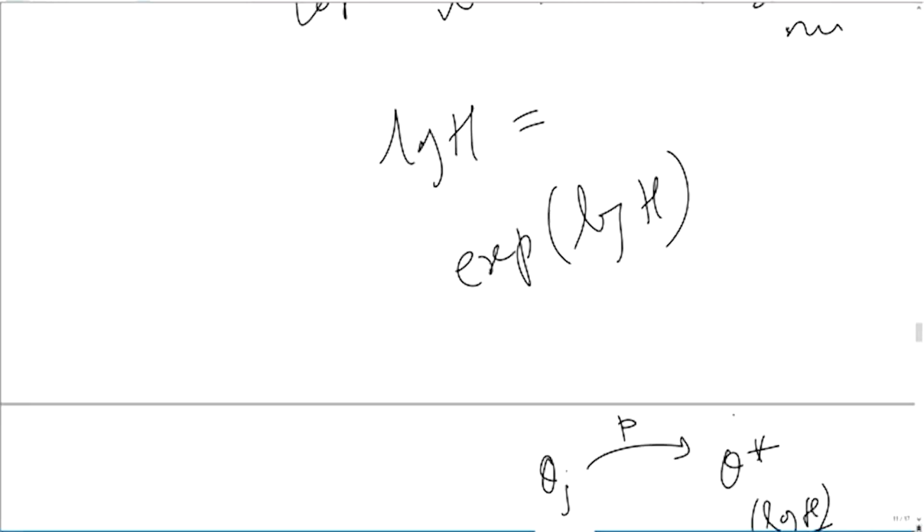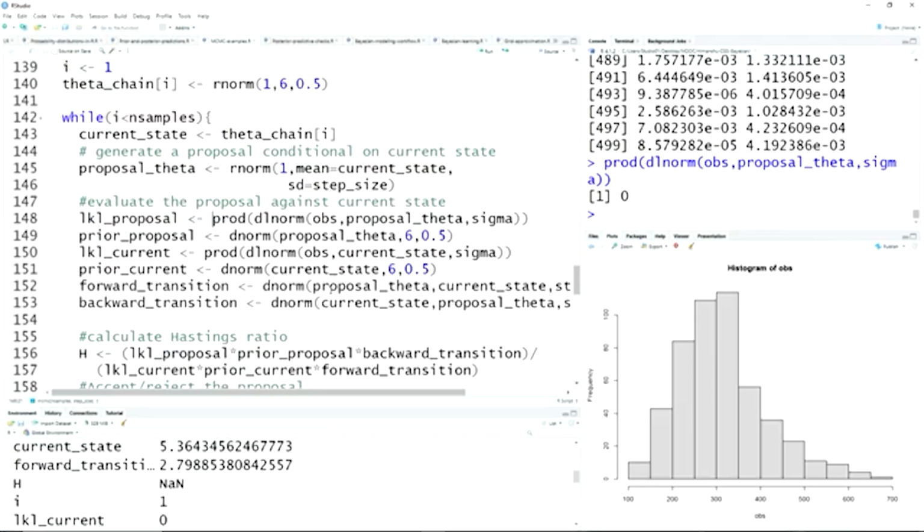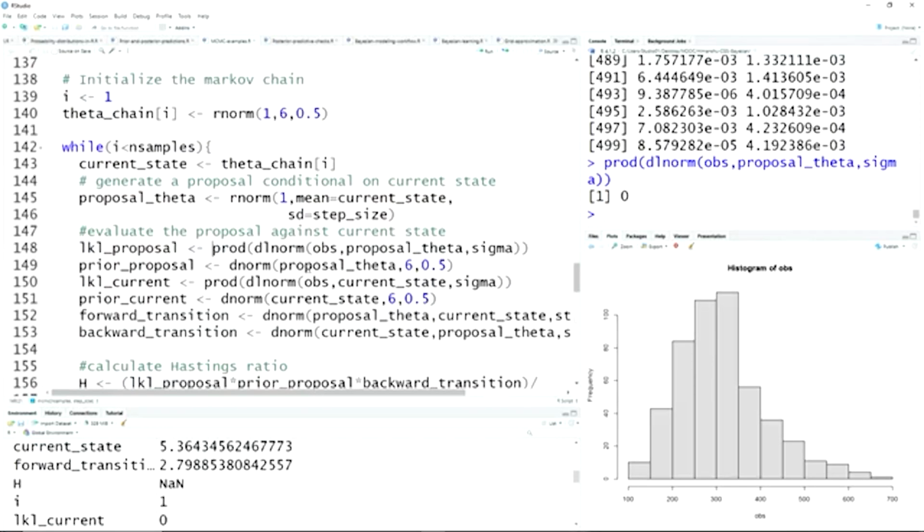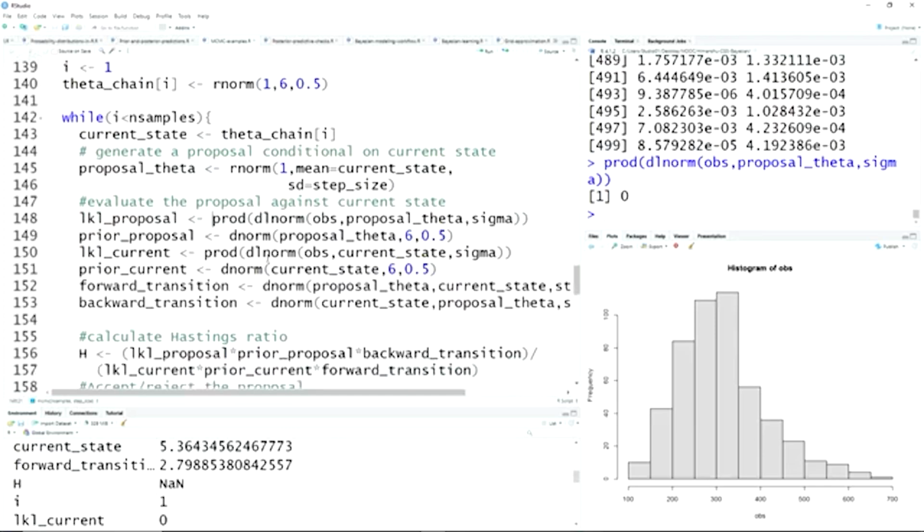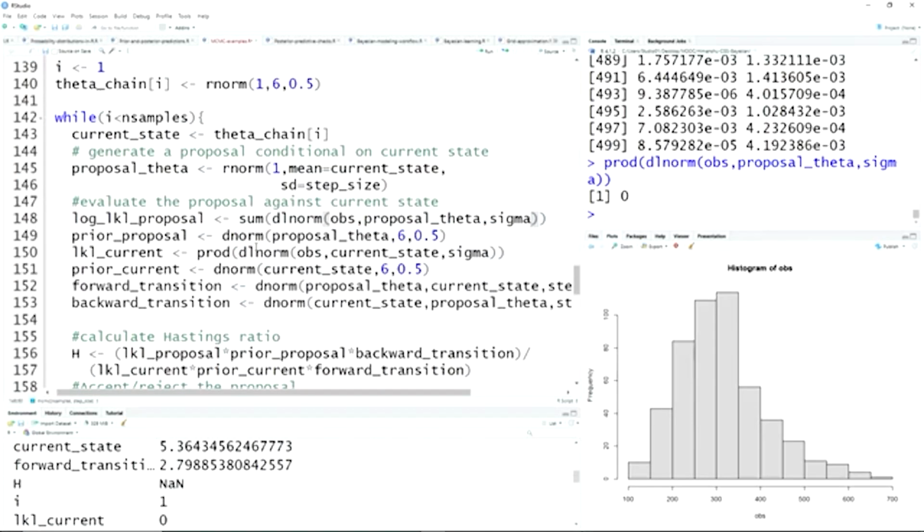So, let us implement this in R. So, the change that we need to make here now is this. Rather than calculating product of likelihoods, we will calculate log likelihood of the proposal. So, let me also write it that way. So, log likelihood of the proposal would be summation of these likelihoods, but it should be on log scale.